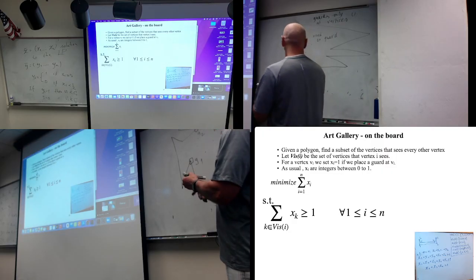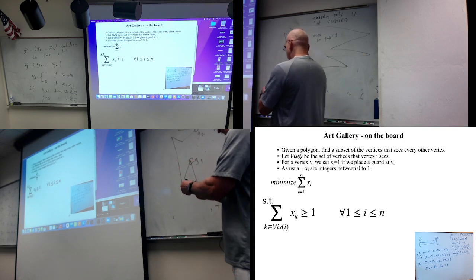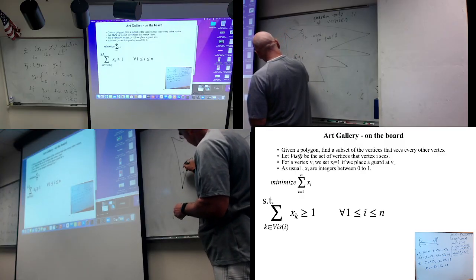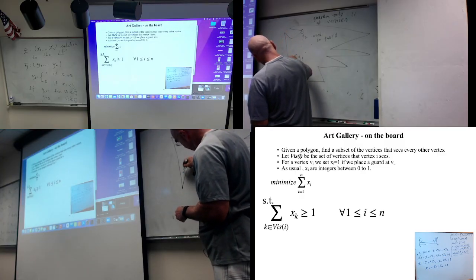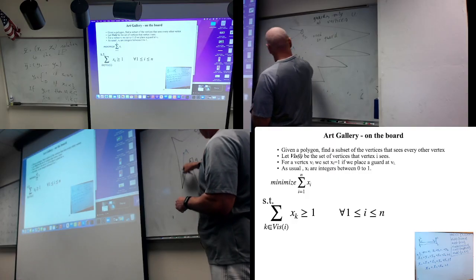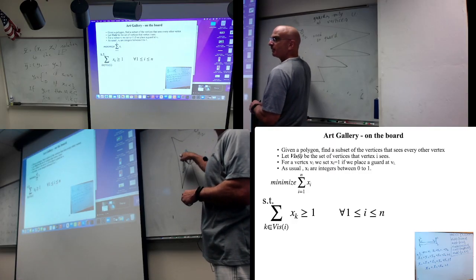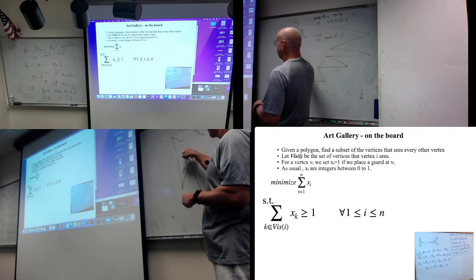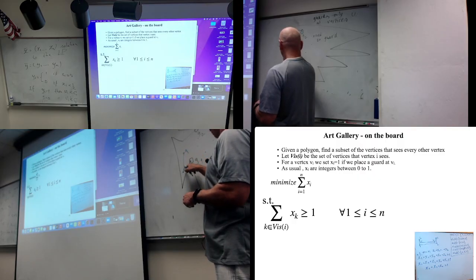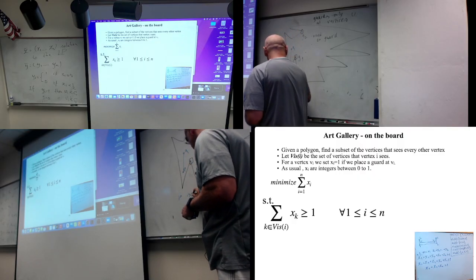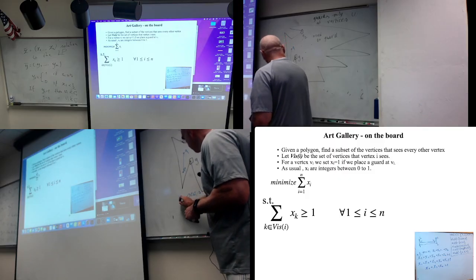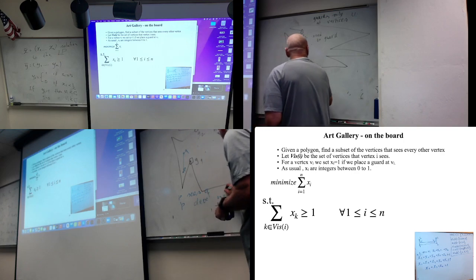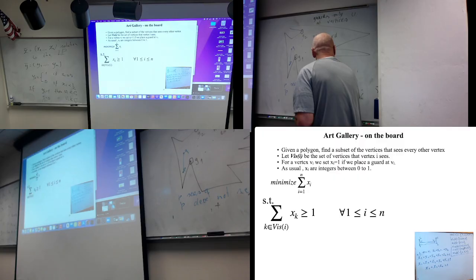And what is my requirement? As I mentioned, I think, in our very first meeting, I can say that a point P sees Q in the polygon if the line of sight between them doesn't hit any obstacles. So P sees Q, but P does not see Q prime.